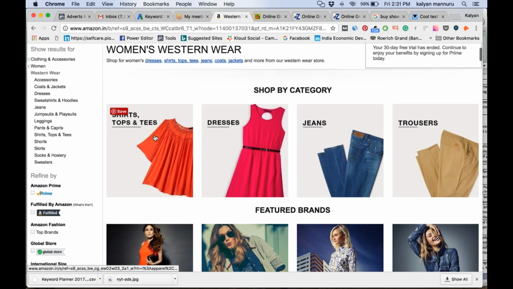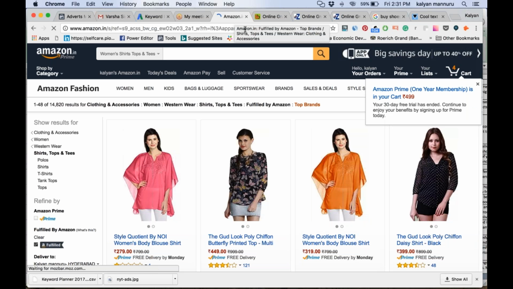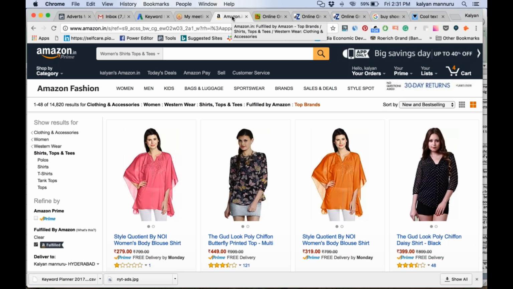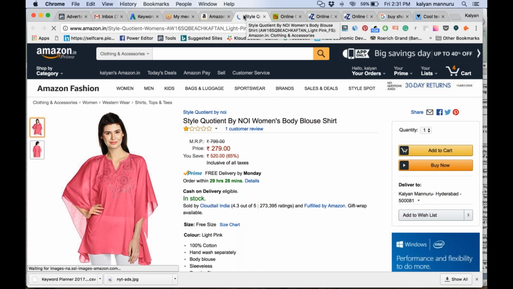So they have a separate one. In this again you have subcategories. I'm opening up shirts, so you can see the top brand shirts, tops, and tees for women, western wear. You can see that. Hopefully you understand now. Again, each of the pages is separate. It's also unique.